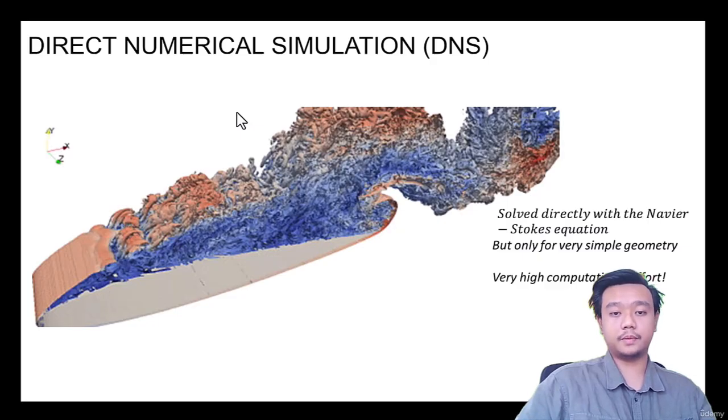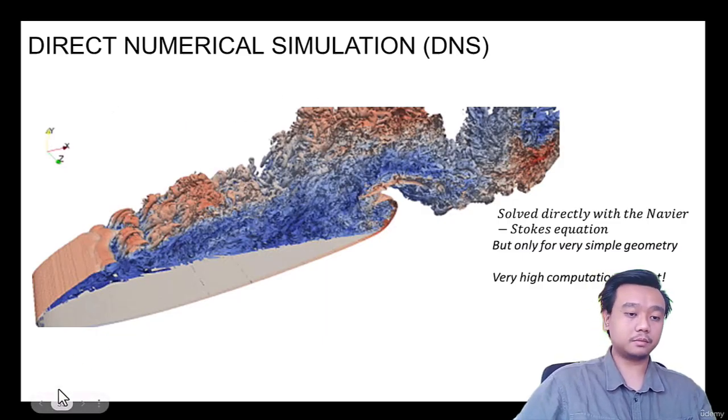But if you are an engineer working in a company to solve a certain design problem, it is not necessary to use direct numerical simulation.